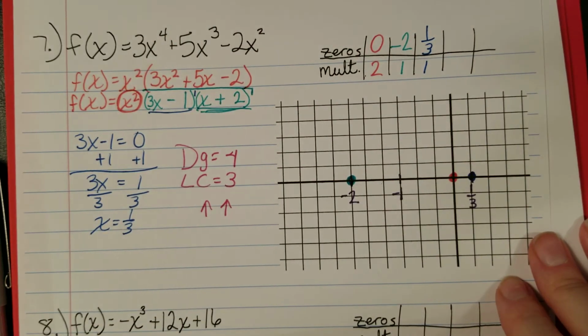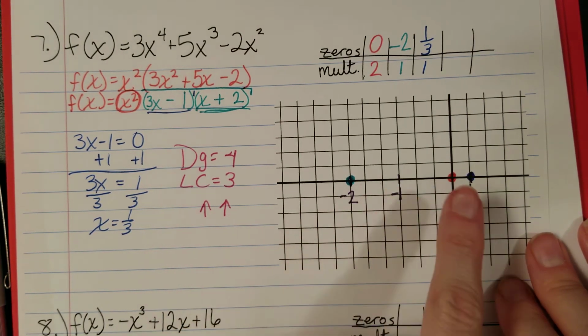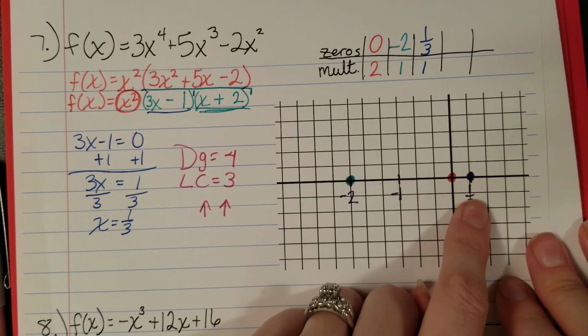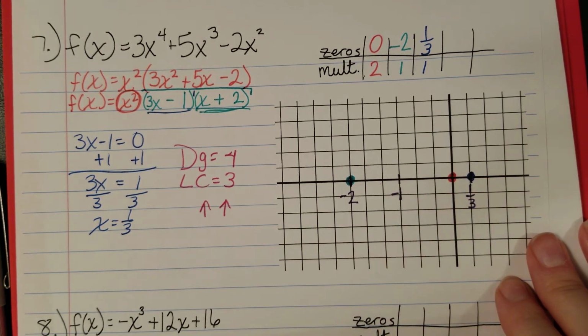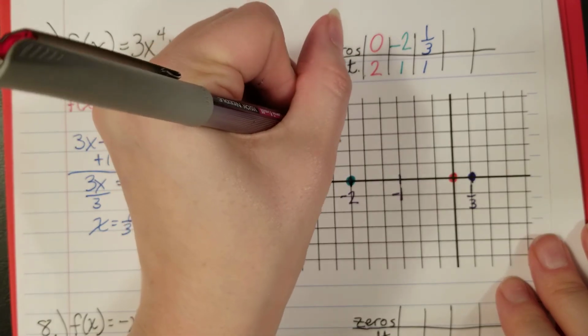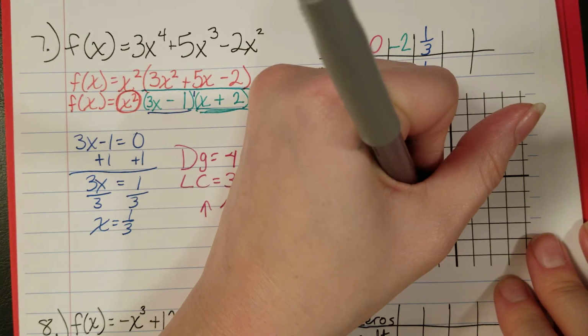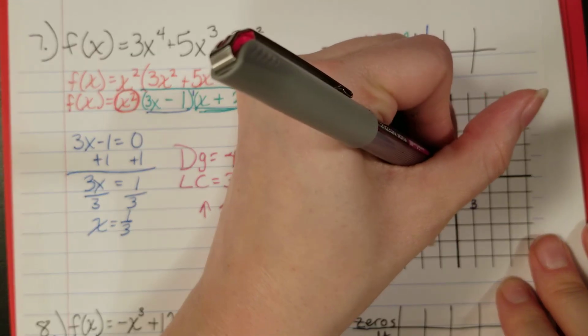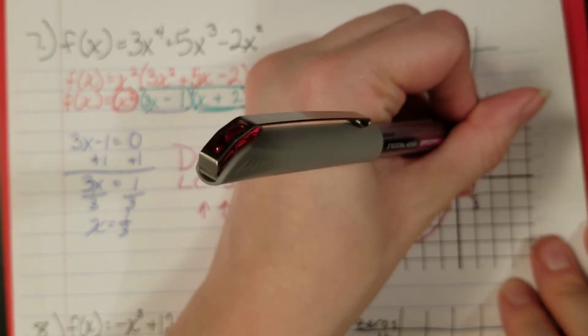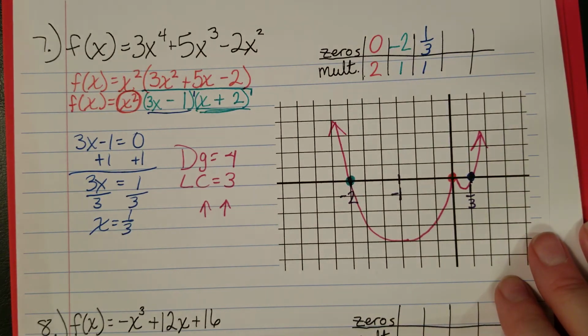This is going to go straight through, then bounce, and then go straight through. My arrows are both up. So there we go, there's my graph.